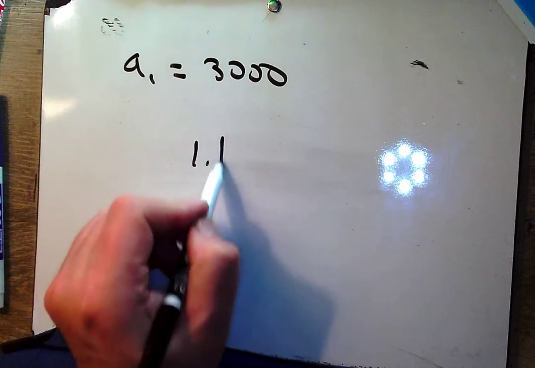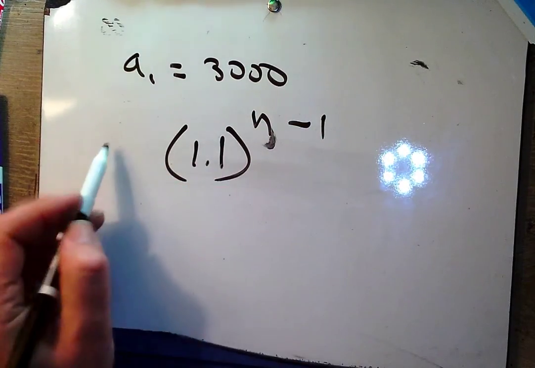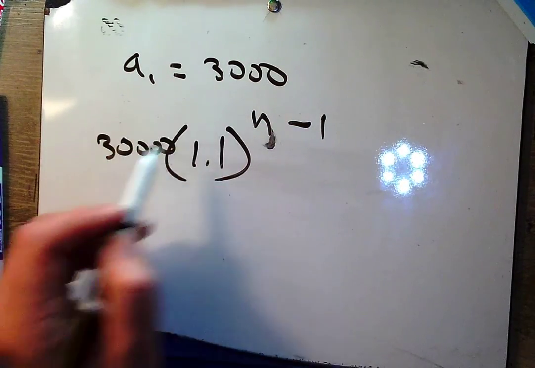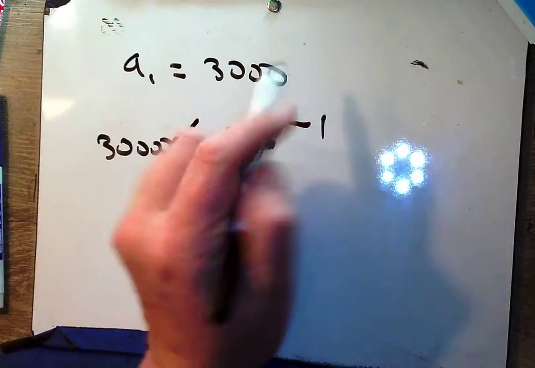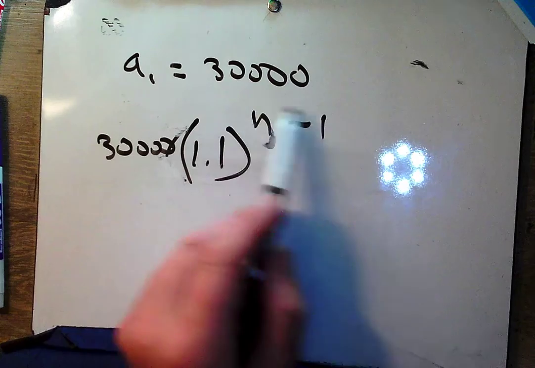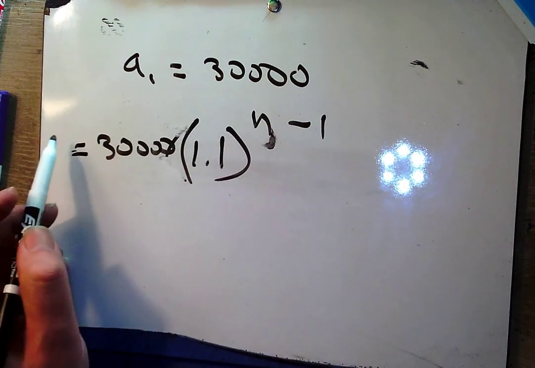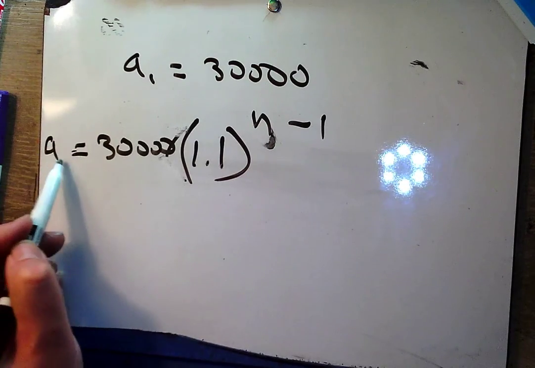So 1.1 to the n minus 1 times 30,000. I believe that's what I want, right? Because if I plug in a 1 here, this is going to be 0, it's going to be 1. That's what she made in her first year.